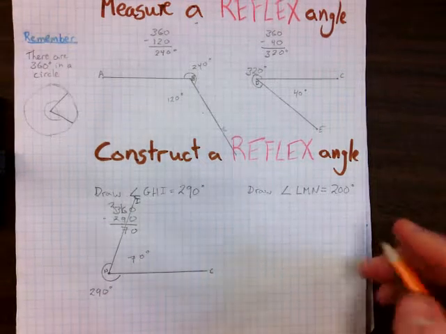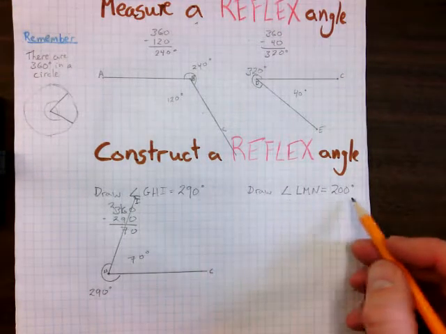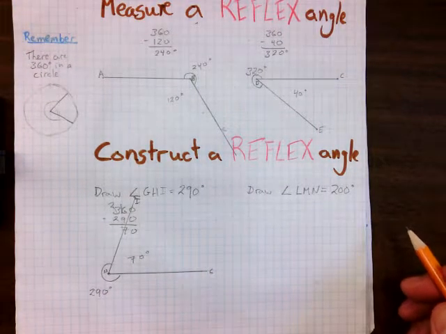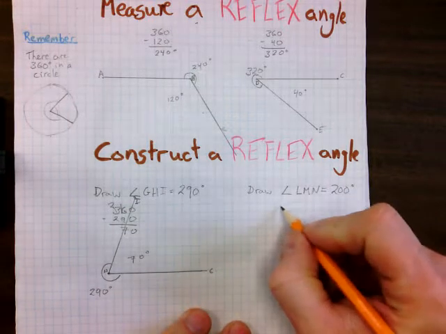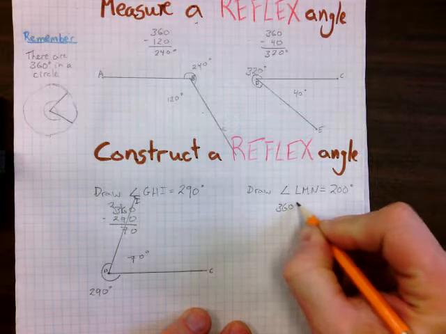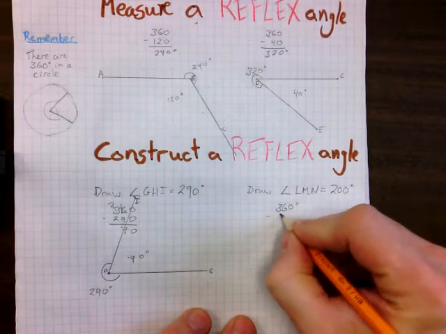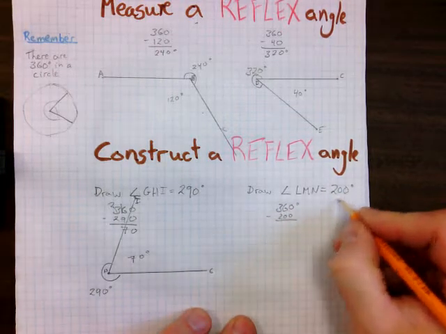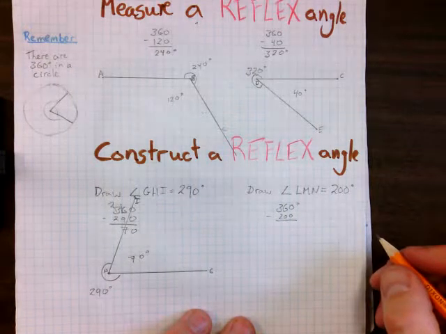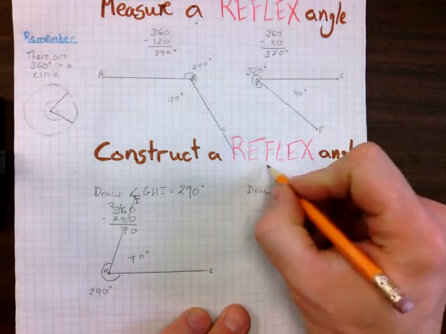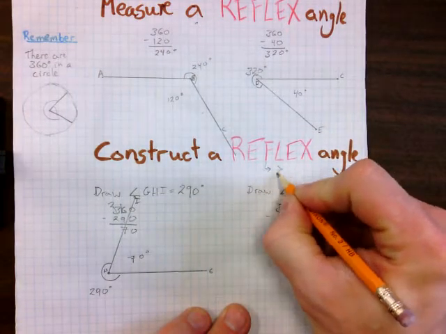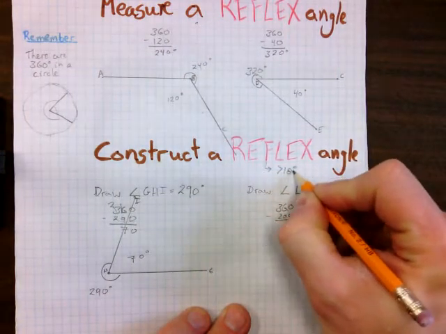Finally, let's do one more example. Let's draw angle LMN equals 200 degrees. So again, first we're going to do our subtraction. So 360 degrees minus 200. Why are we doing a subtraction? Because this is a reflex angle. What is a reflex angle? A reflex angle is an angle that is greater than 180 degrees.